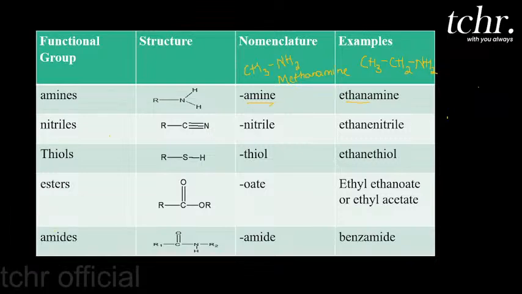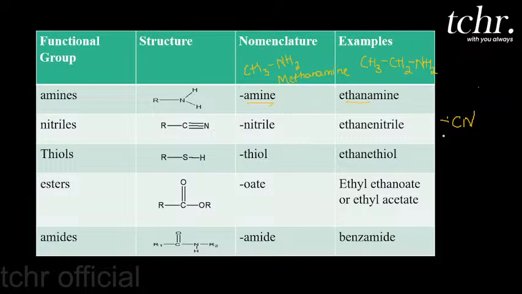Now we'll move on to the next functional group, that is nitriles. See, nitriles in general, a simple way I can write it as CN. CN functional group attached to any alkyl, we call it nitriles.